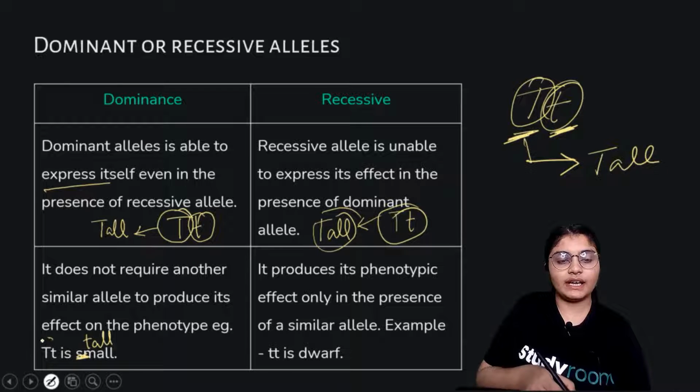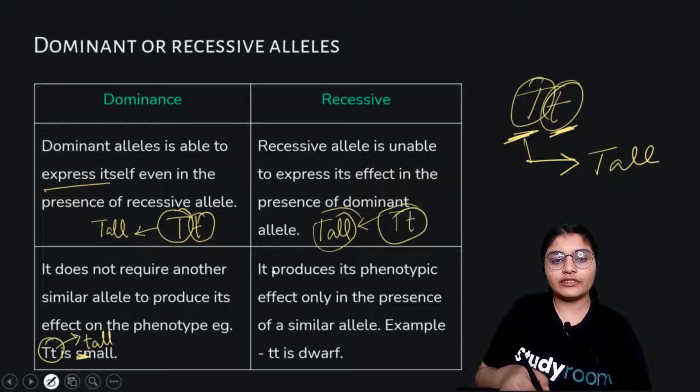The capital T and small t is tall, and here it is written for the recessive alleles that they produce their phenotype effect only in the presence of a similar allele. That is, when there are two small t, only then we will have the dwarf character, right?